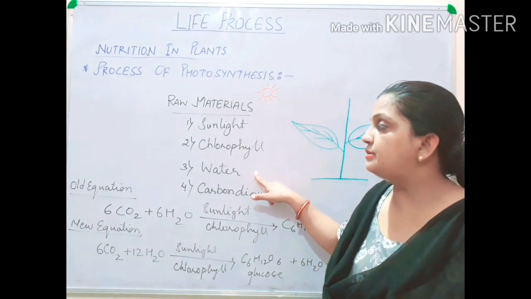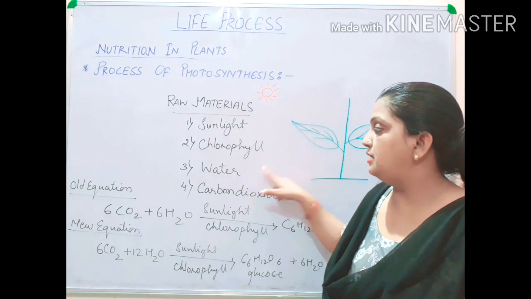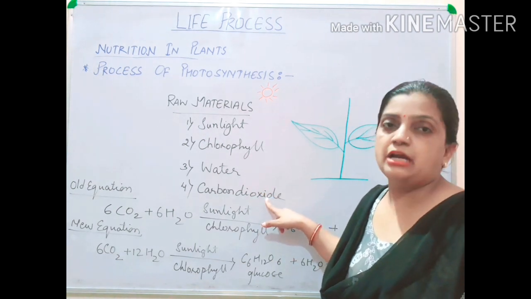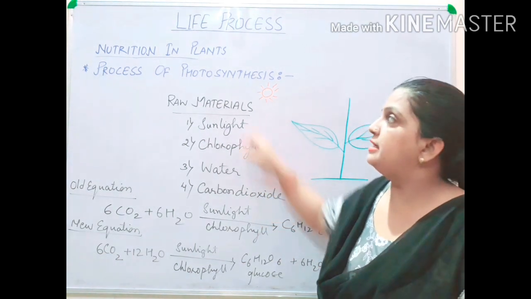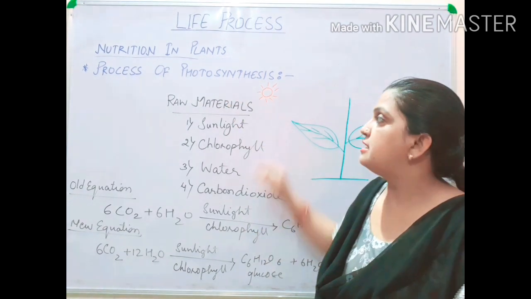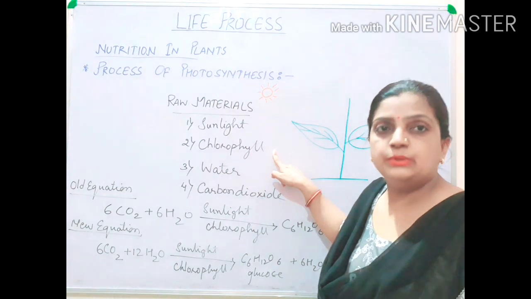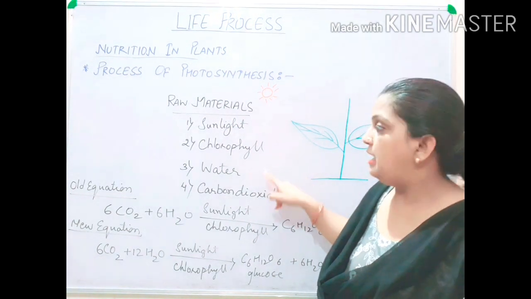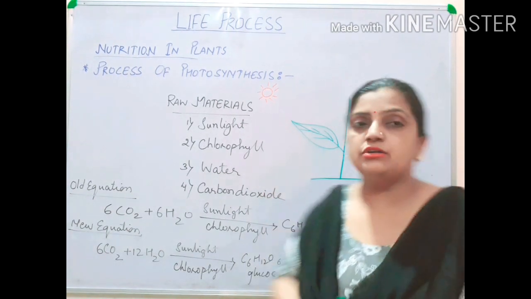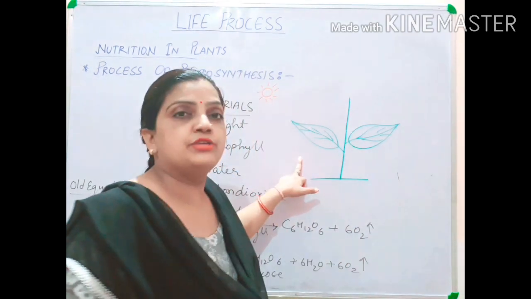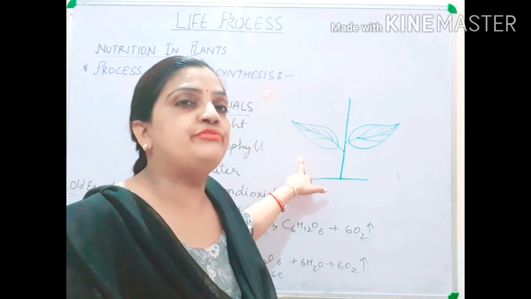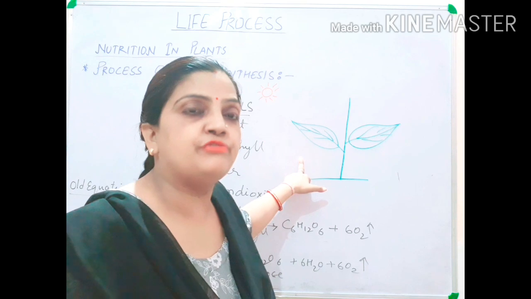And the third raw material is water and the fourth raw material is carbon dioxide. So children, in the process of photosynthesis, in presence of sunlight and chlorophyll, by utilizing the raw materials like water and carbon dioxide, the plant is going to prepare its food in form of simple carbohydrate, in form of starch.